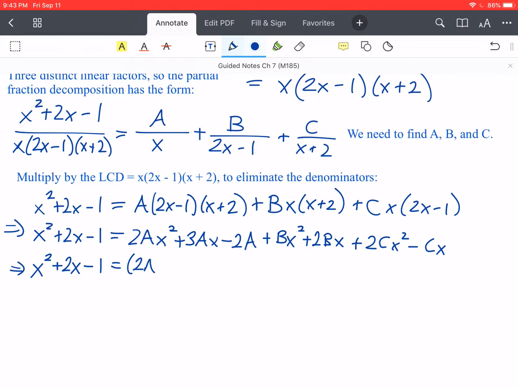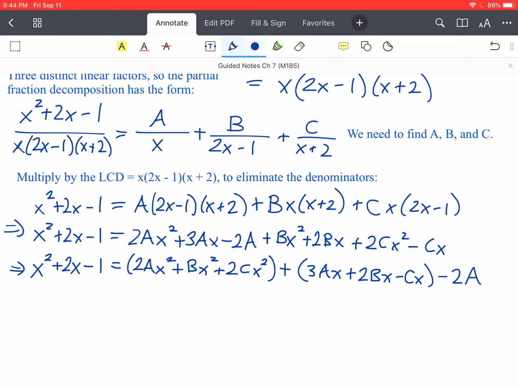So we're going to have 2Ax squared plus Bx squared plus 2Cx squared, and then plus the x terms, 3Ax plus 2Bx minus Cx, plus the constant terms, which there is only one, it's just minus 2A. Okay, that's the only term that doesn't have an x attached to it.